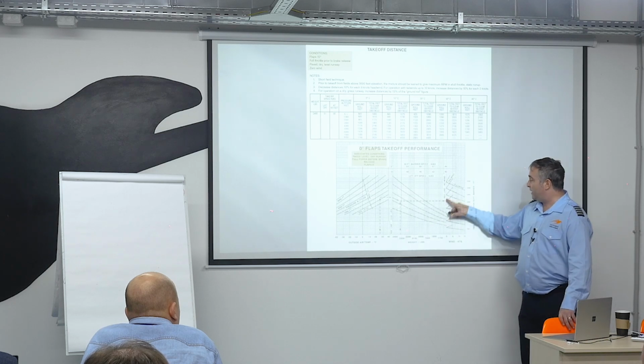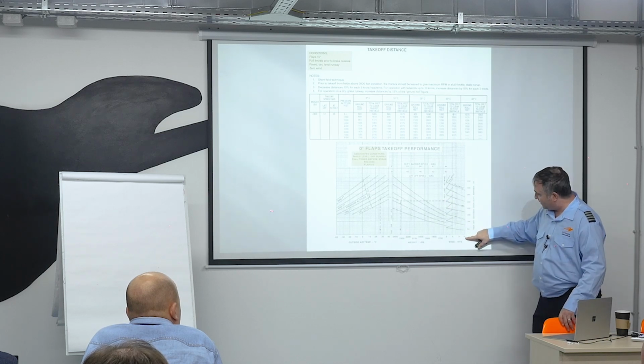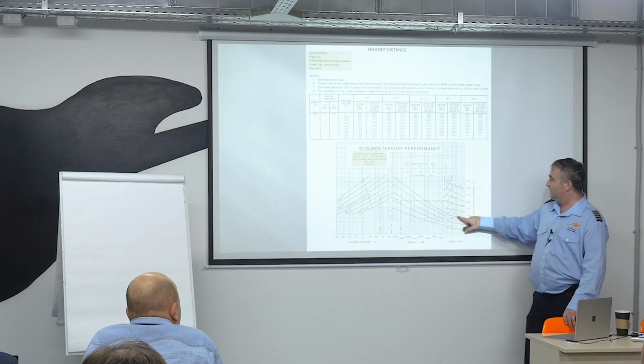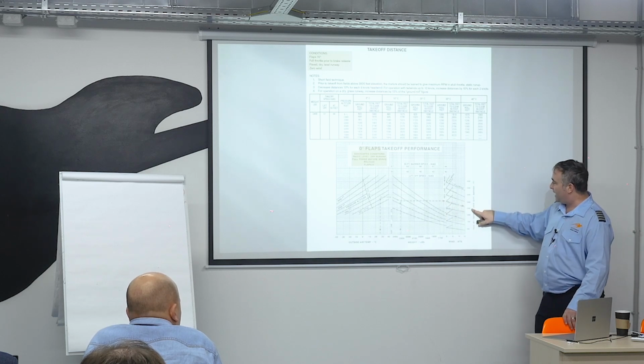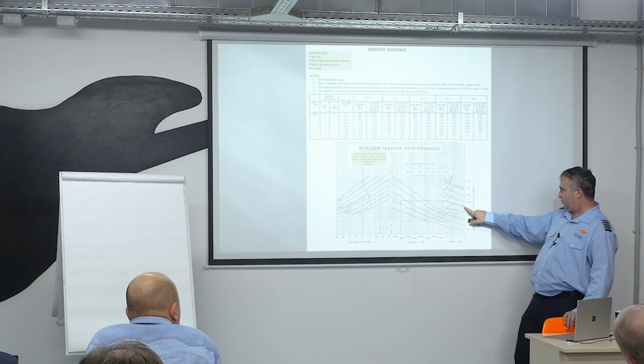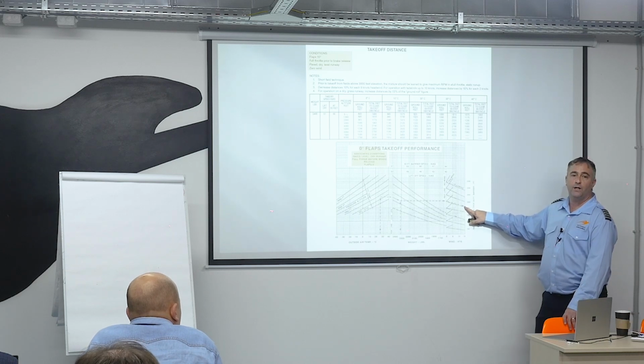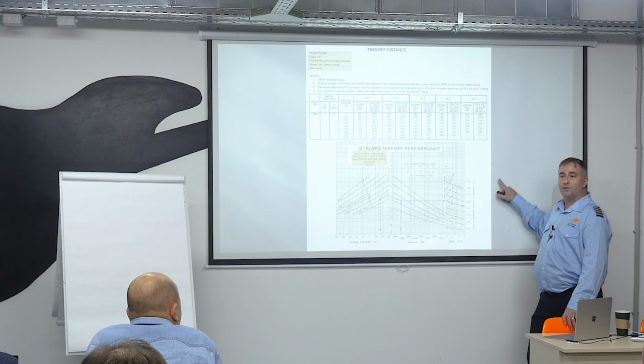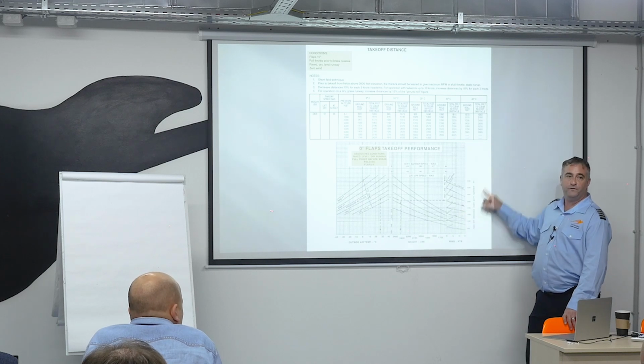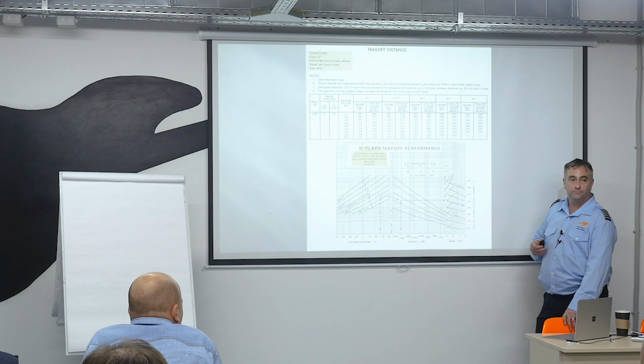So the very first one is wind, looks like here I got 14 knots. 14 knots go here. I got 2,300 feet. If I were solving for ground roll and 50-foot obstacle, it would be the next chart.